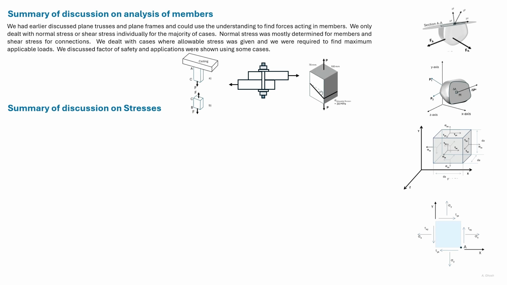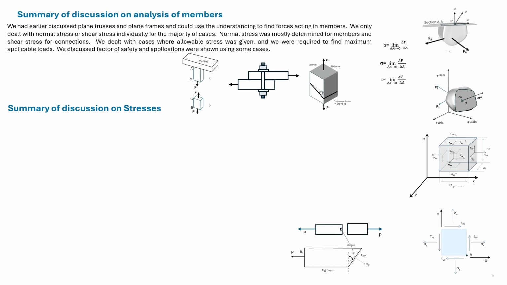This is done by equating normal stresses in perpendicular sections to the allowable normal stresses. We have also dealt with factor of safety cases. The ultimate strength divided by the factor of safety gives the allowable stress which can be used.